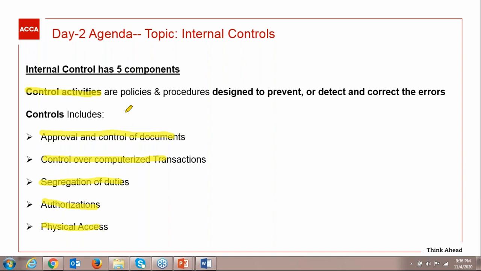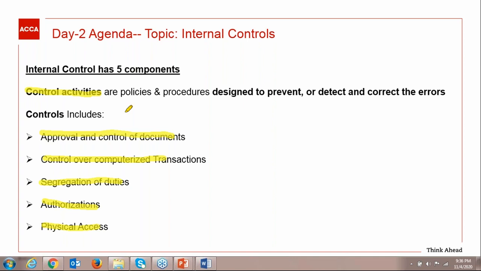Suppose we have discussed two examples. One is the entrance at the gate, limited access, and the second is the attendance. What was the objective behind the internal control related to the security guard placed at the gate?